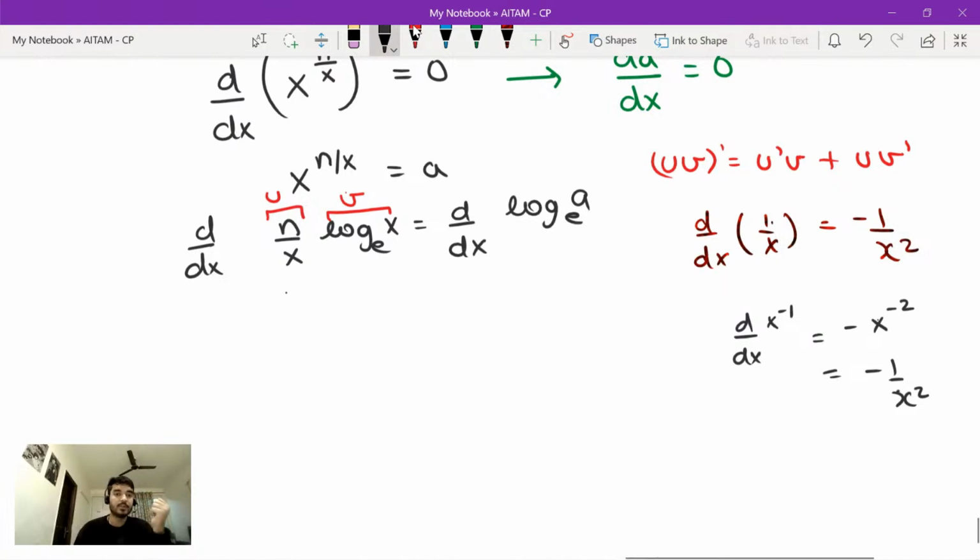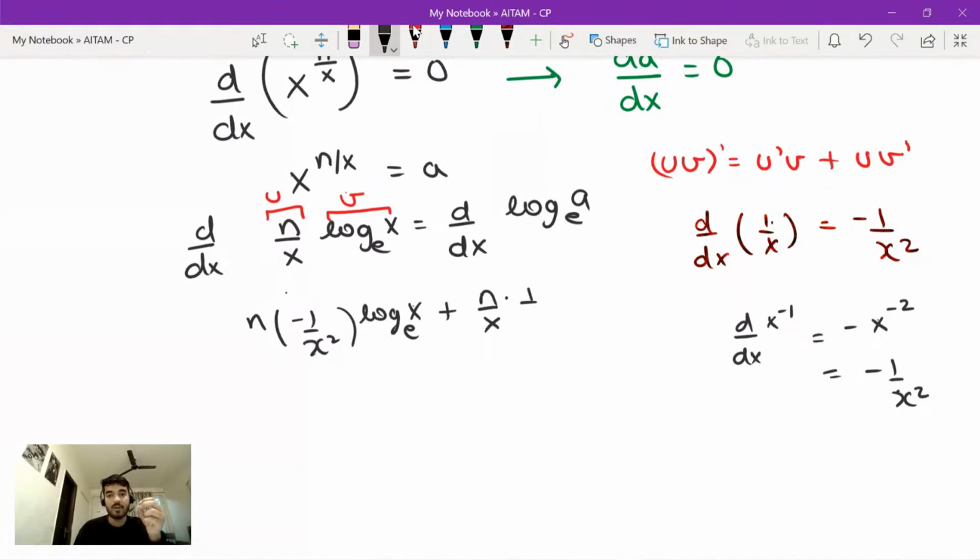Cool. So in this case, it is simply equal to n multiplied by minus 1 by x square, and then this constant term. Here I have taken this as a constant, so this is nothing but the log of x base e. And now I have to differentiate this. So this is n by x as a constant, and the differentiation of log of x base e is simply 1 by x.